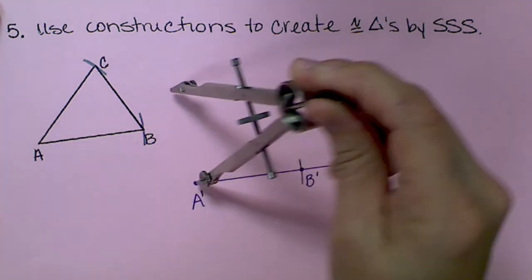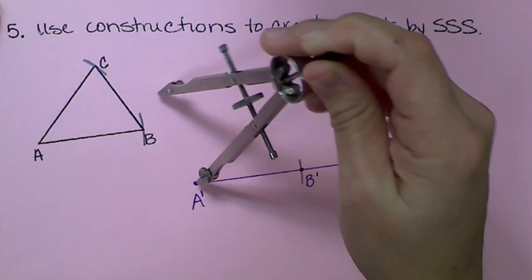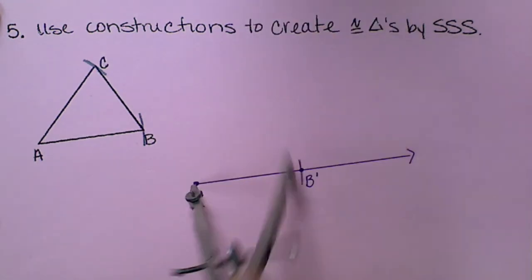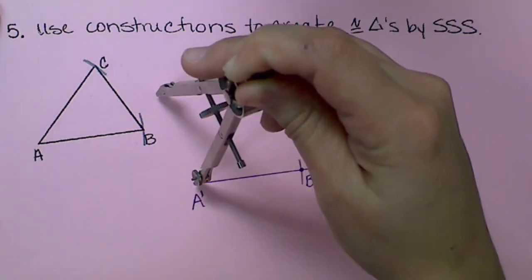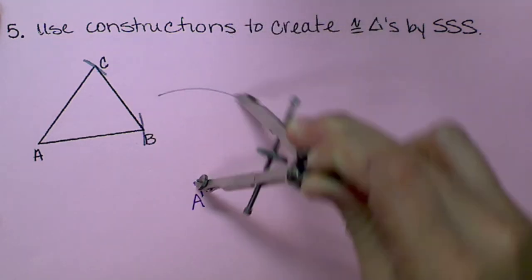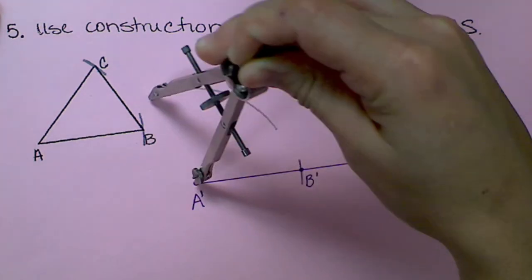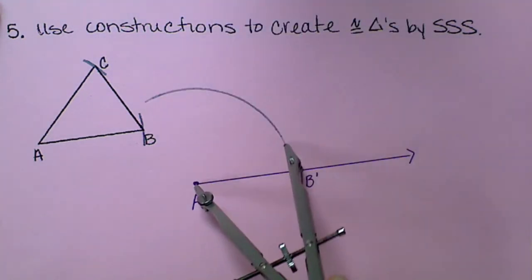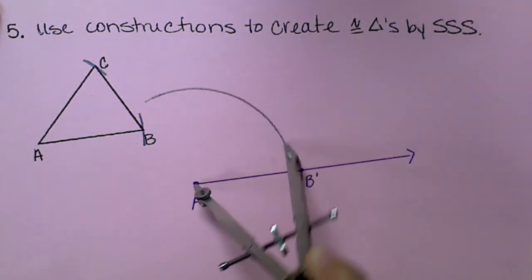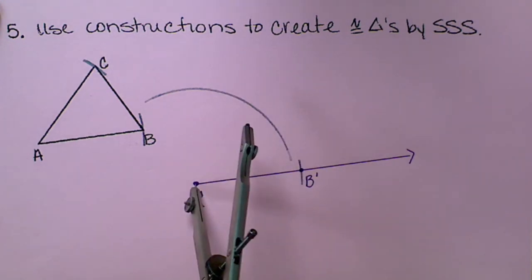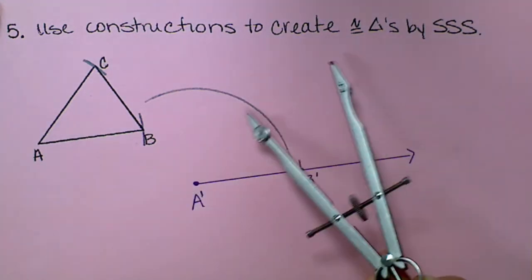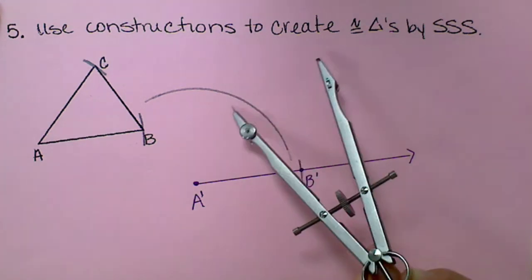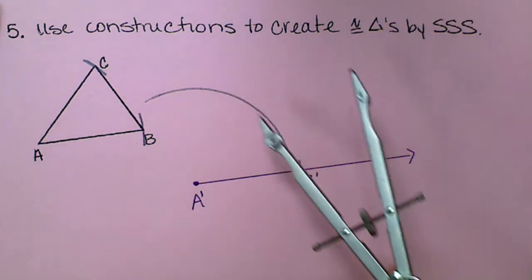Here's the time that you need to make sure your arc is large enough that when you are measuring your segment from B to C, it will be able to cross at some point. So now we have that. We can't mark anything here yet because we don't know where our B to C will come across that.